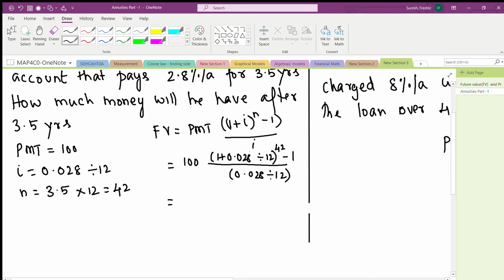So here we go. Let me make some changes here. I'm making the outer brackets square brackets, so we have two sets of brackets here. I am going to calculate the numerator first. I'm going to punch it in as I see it: bracket open, 1 plus 0.028 divided by 12, to the power of 42, minus 1.